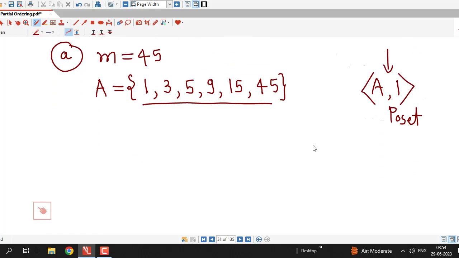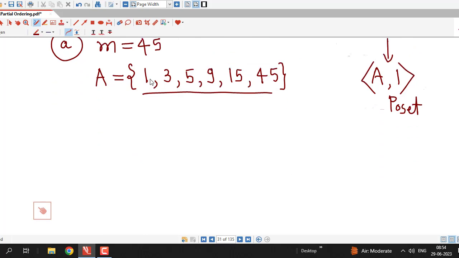Now as we know, we have to represent each of the elements by small circles or dots, and the circle for element x is drawn below the circle for element y if x is related to y and x is not equal to y. That is, in this case our relation is the divides relation.